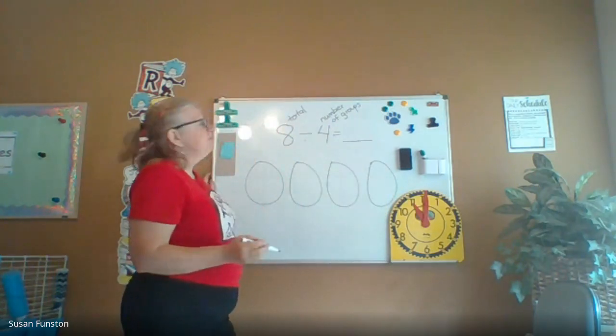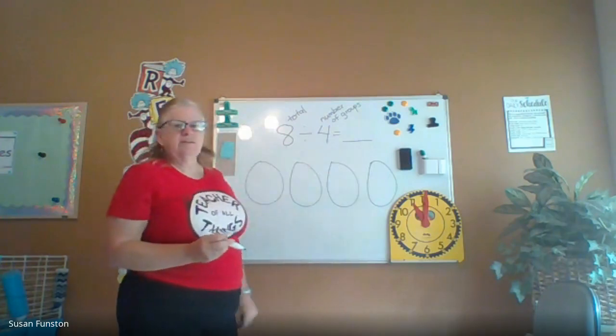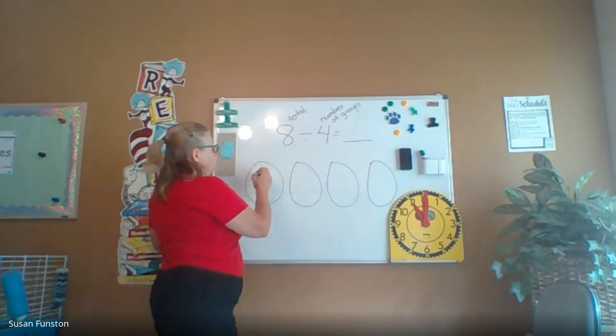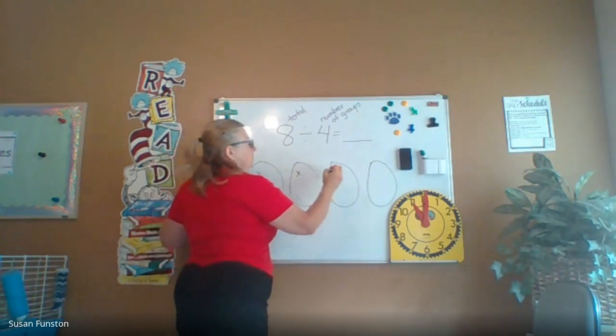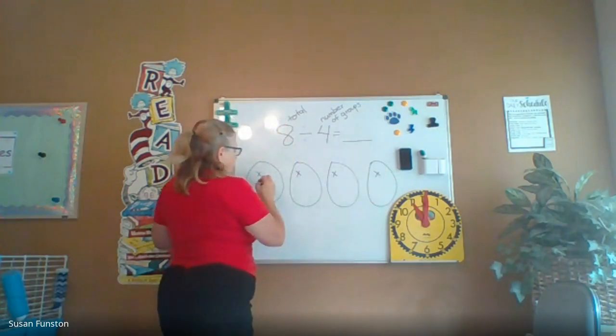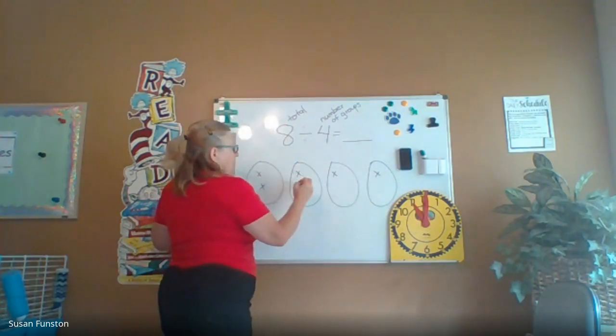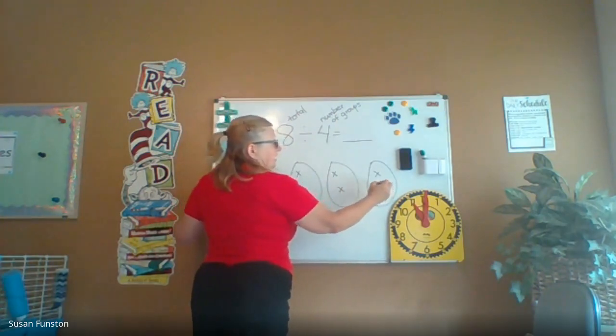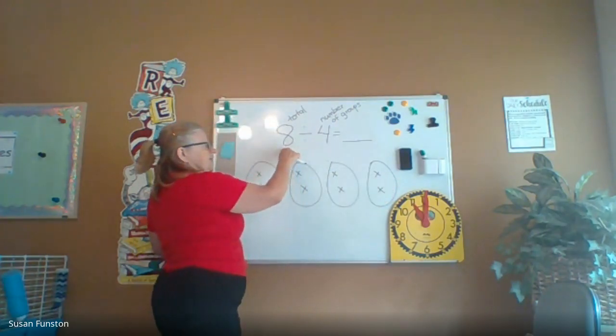Okay. Now I need to put my 8 into these. So I'm going to start here. Here's 1, 2, 3, 4, 5, 6, 7, 8. And I stop because I've gotten to 8.